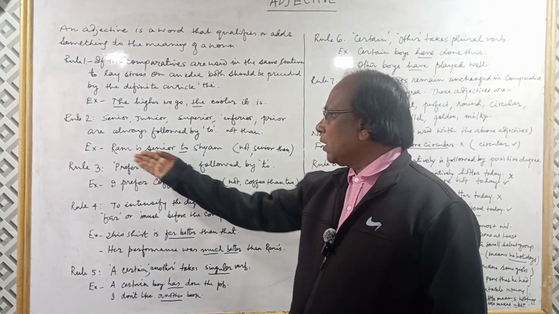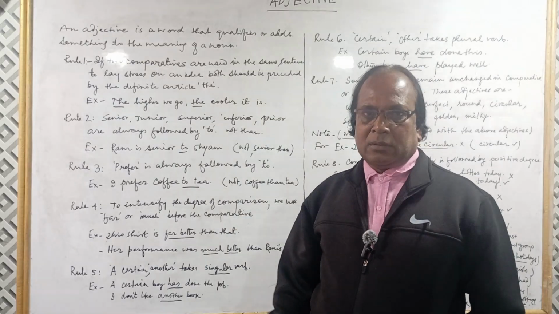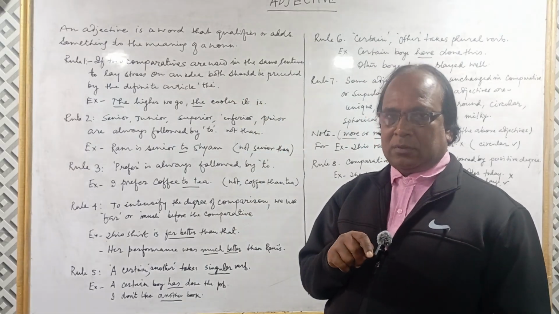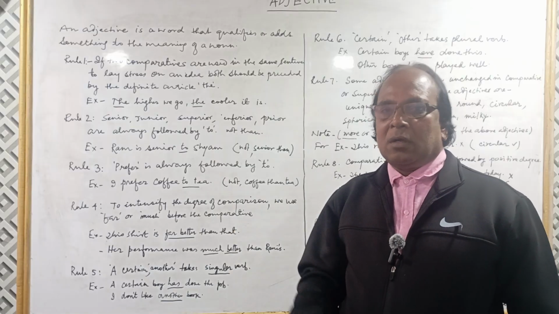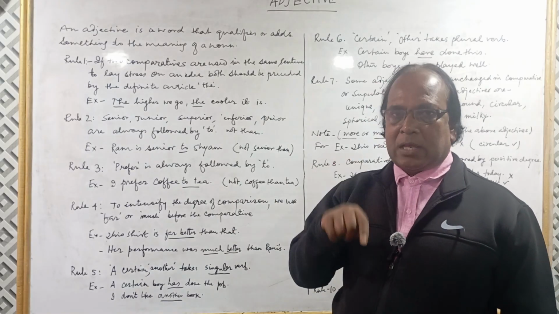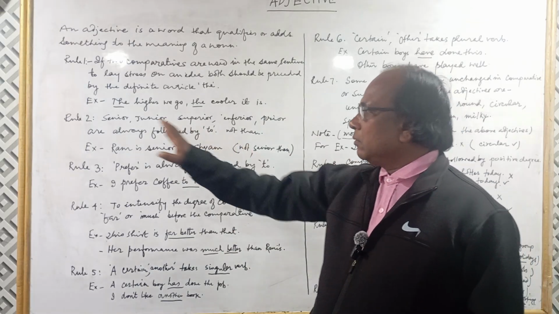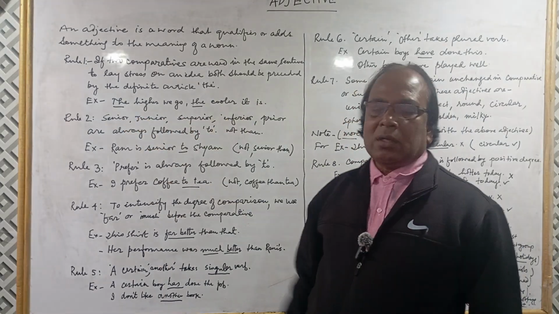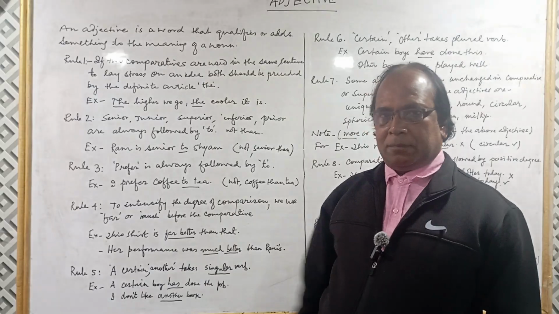Example: Ram is senior to Shyam. I am senior to him. He is junior to me. Not I am senior than him, or he is junior than me. So after senior, junior, superior, posterior, prior, we use to, not than.